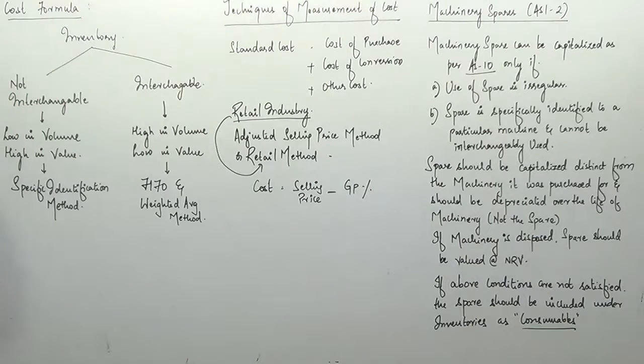They'll come under the head of consumables, which also forms part of your inventory. Raw materials and consumables is a single head.